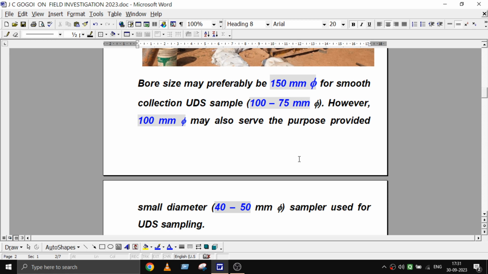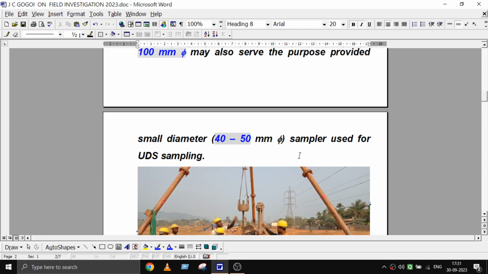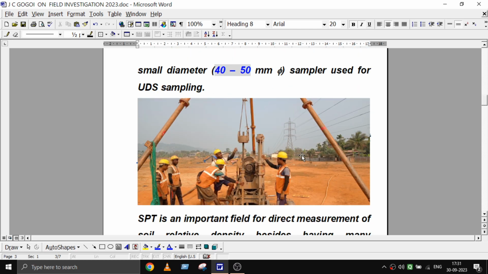If we can provide 40 to 50 dia undisturbed samples, then 100 dia boring is sufficient for conducting the standard penetration test. This is the standard penetration test.